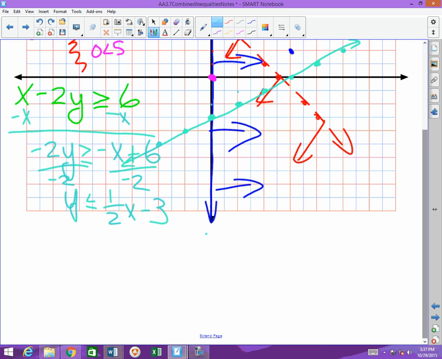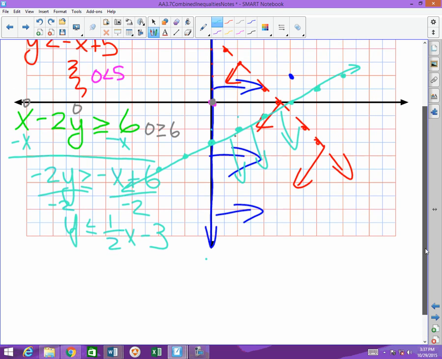And we are greater than or equal to or less than or equal to, so it's a solid line. And with this one, we can still pick 0, 0 for it. So 0 here, 0 there. And is 0 greater than or equal to 6? No, it's not. So we want to shade below this line, so we're going that direction.